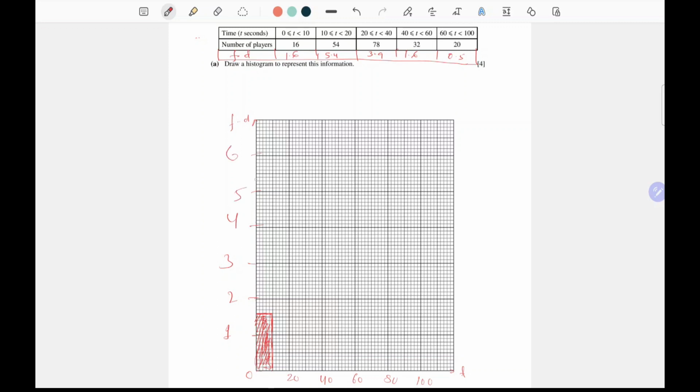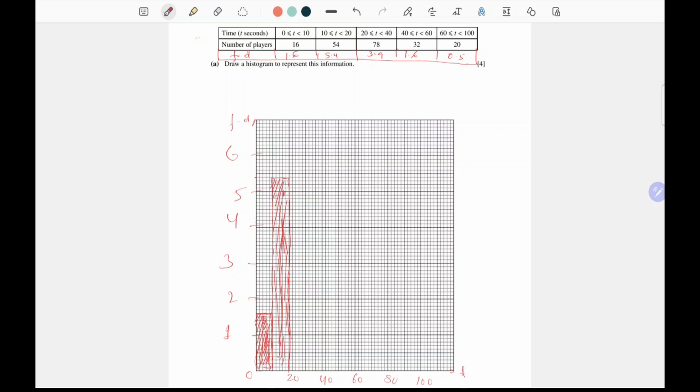So 5.4 here, and from here to here. We have to do all these very precisely to get the right answer. This is a very simple chapter, but this kind of work we have to do.